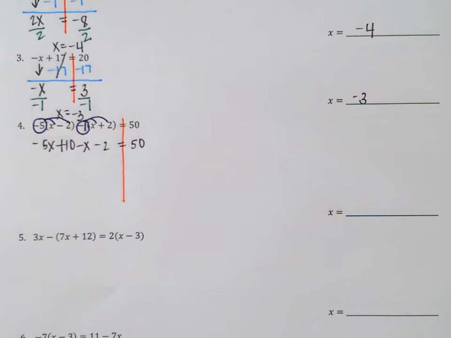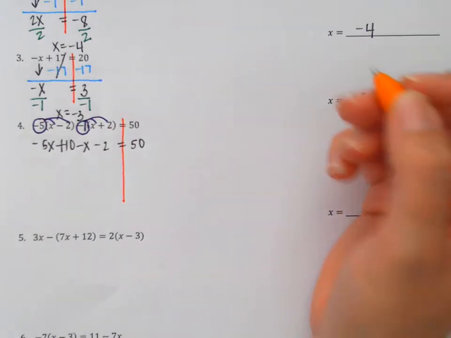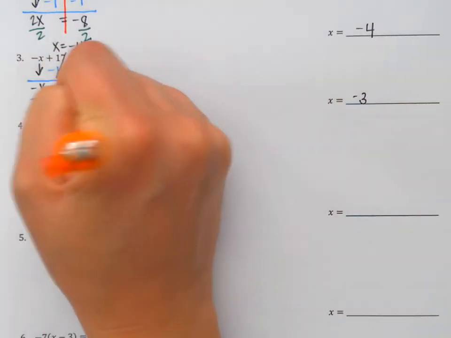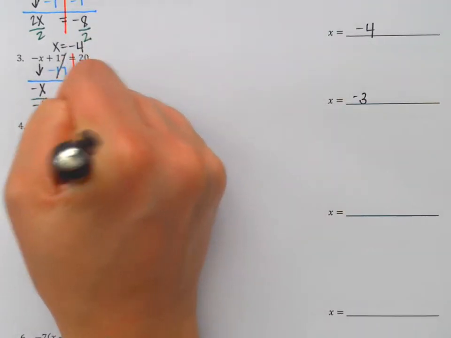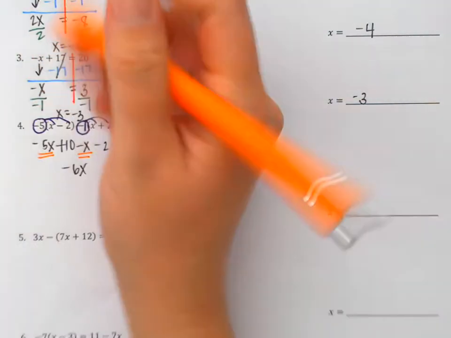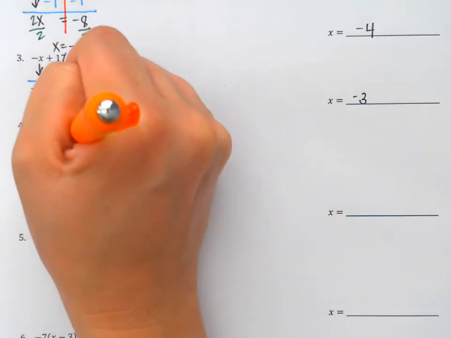I can then combine any like terms. So do I have any like terms on either side? And I do. Negative 5x minus x. So negative 5x minus x gets me negative 6x. And then 10 minus 2 gets me 8.